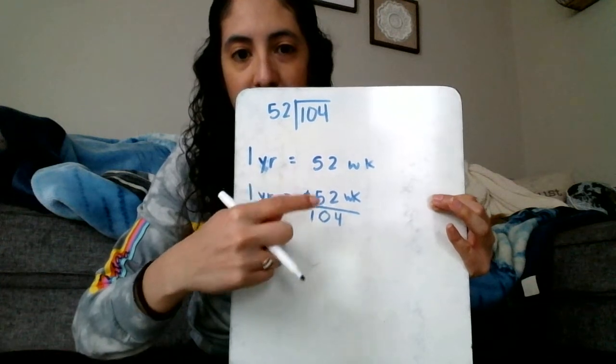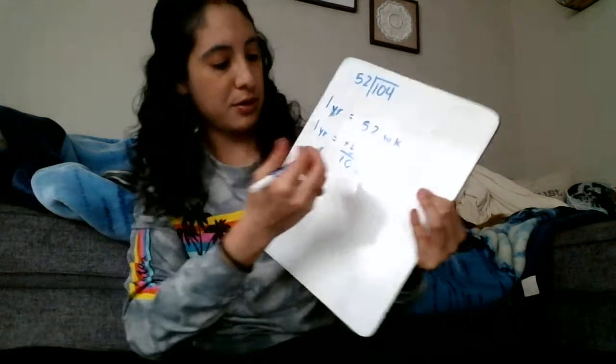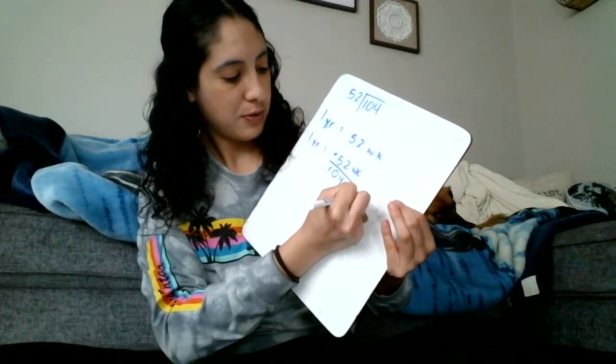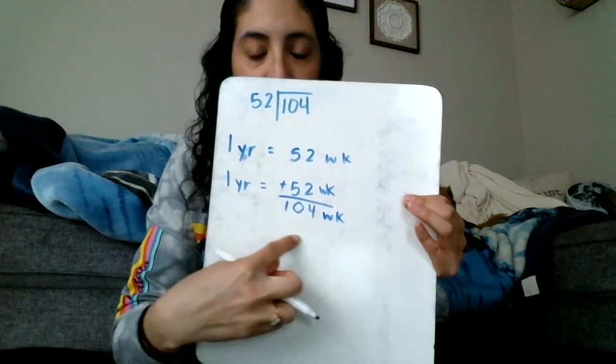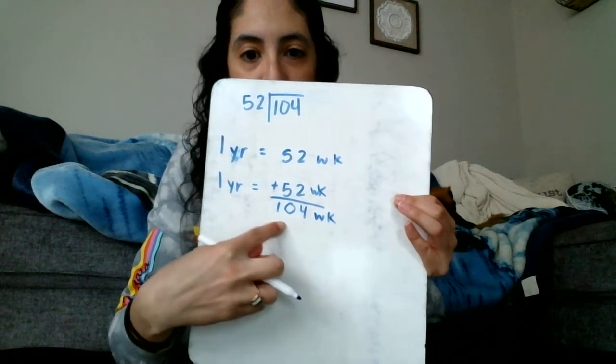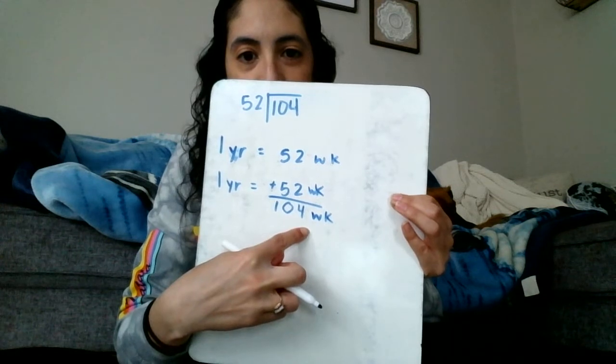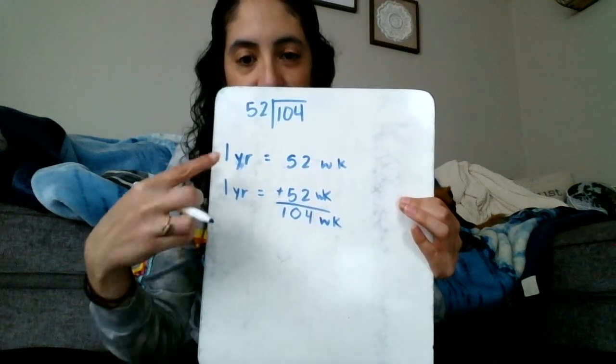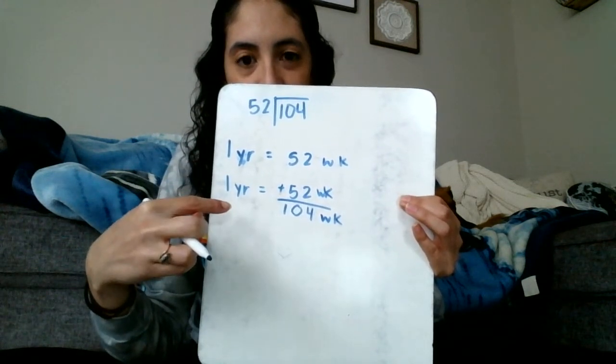I wanted to know how many weeks, so 104 weeks, I wanted to find out how many years are in that. I just figured it out. 2 years. Okay. So 2 years.